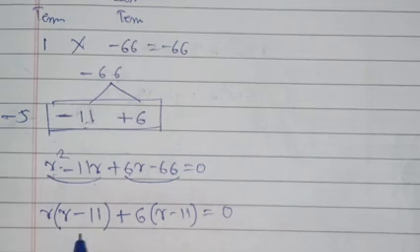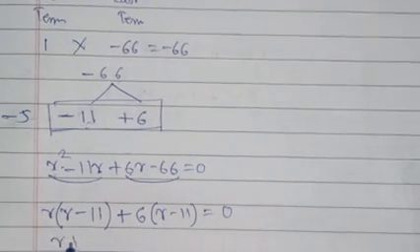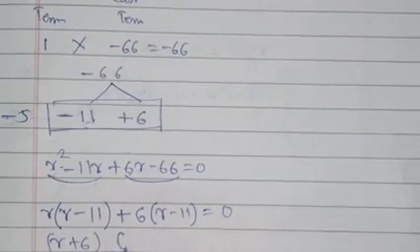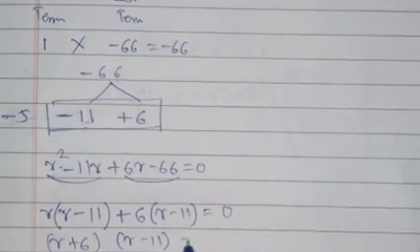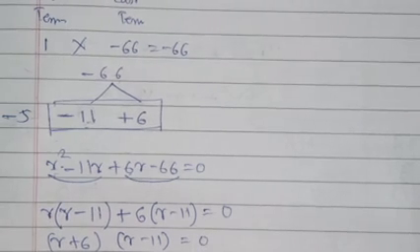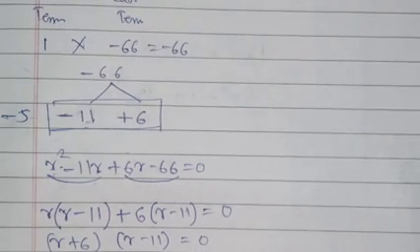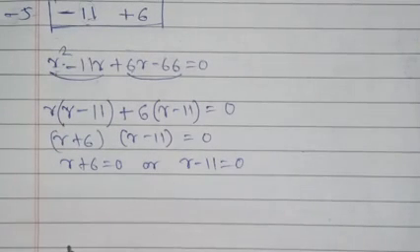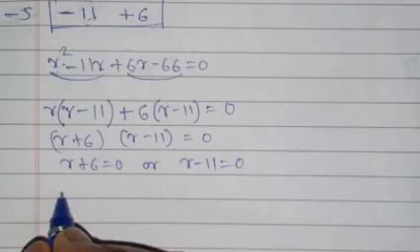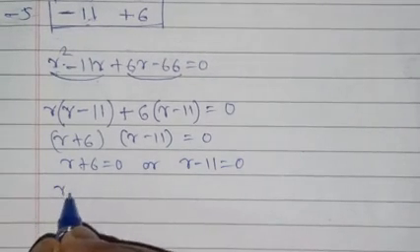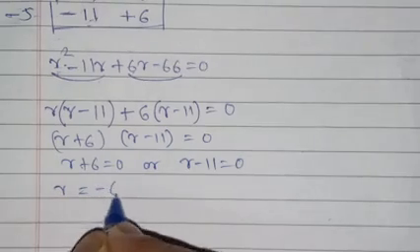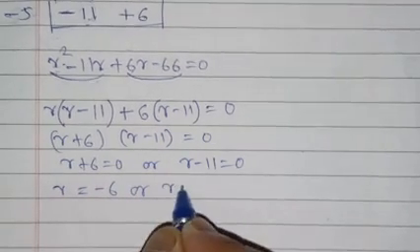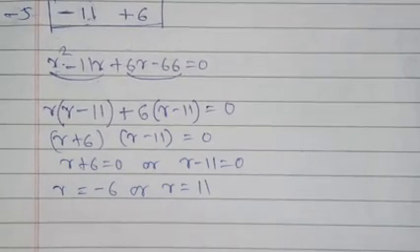So just we are about to finish the sum. We have r plus 6 as a factor and r minus 11 as a factor. So either r plus 6 equal to 0 or r minus 11 equal to 0. Now you get it. This is what it is. Secondly, we have r equal to minus 6 or r equal to 11.